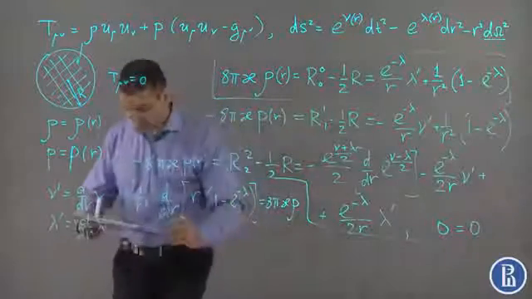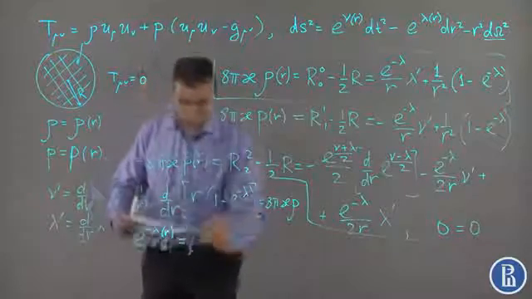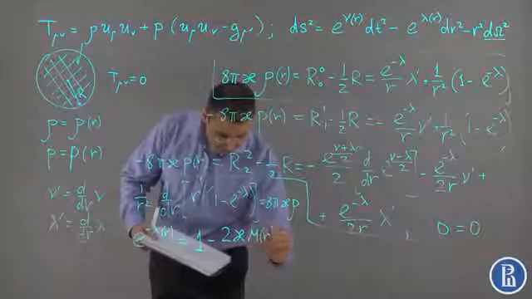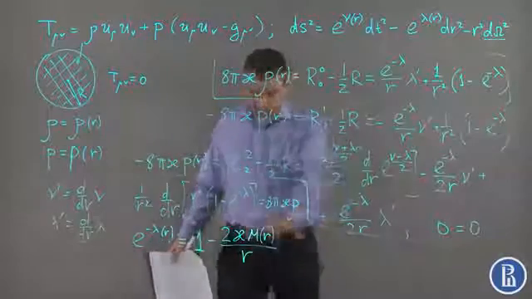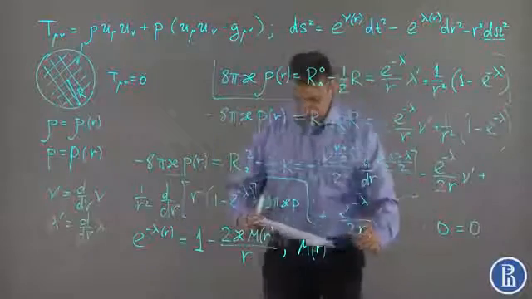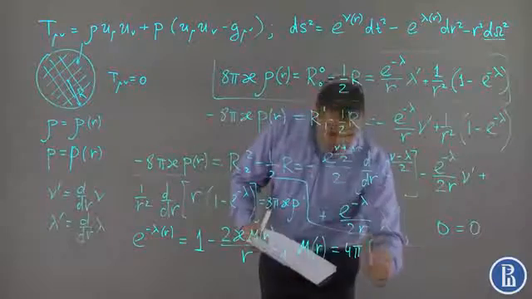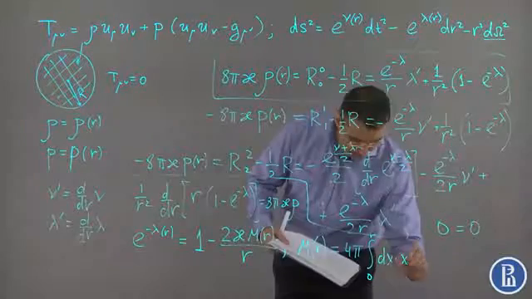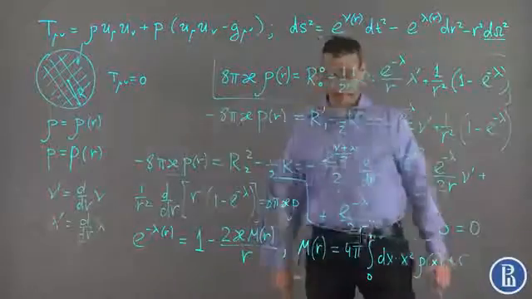As a result, the solution is that this is just 1 − 2κ m(r)/r, where m(r) is the following: 4π integral from 0 to r dx x² ρ(x) plus a constant of integration.